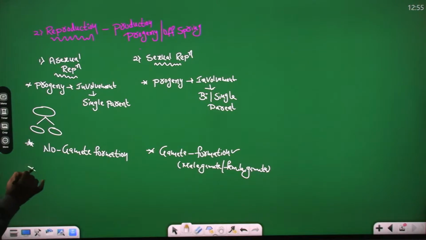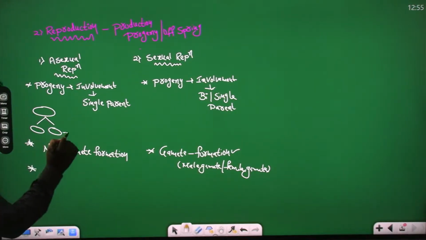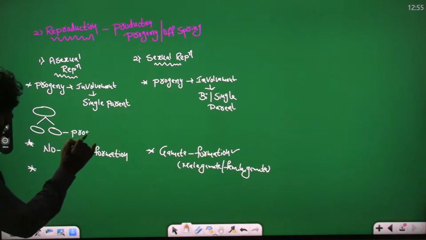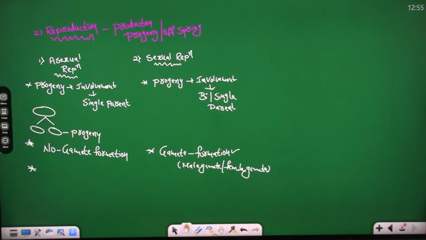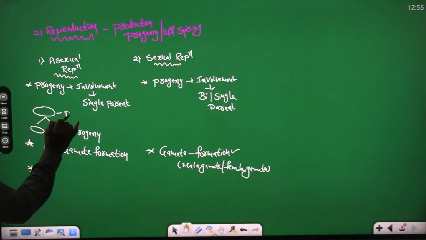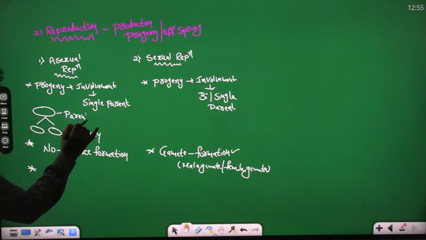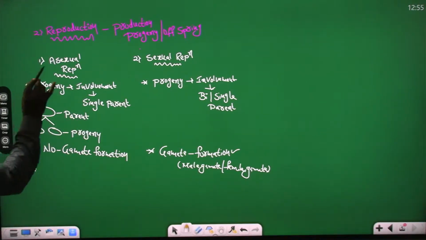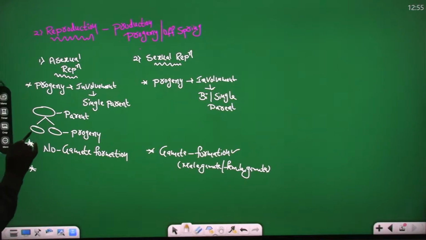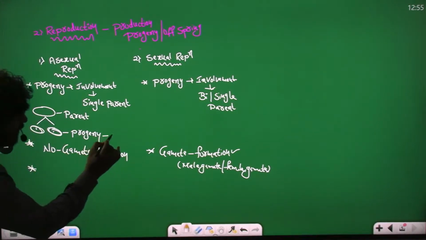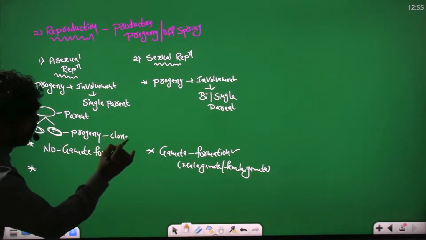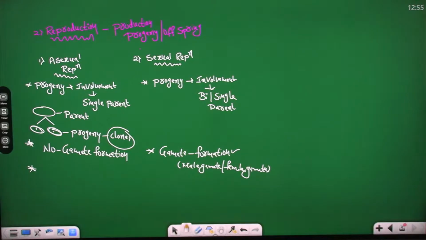And the last difference. This is the progeny and this is the parent. In asexual reproduction, whatever progeny is formed is completely identical to the parent. That's why that progeny is called clones also. What is a clone? Same as the parent. Why is the progeny identical to the parent?